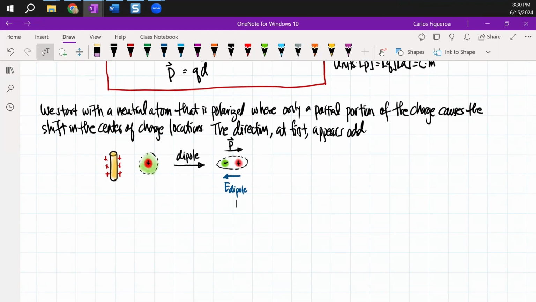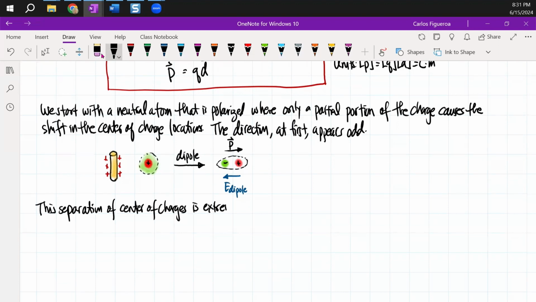Now, before we get into more details, I want to say that this separation of center of charges is extremely small.